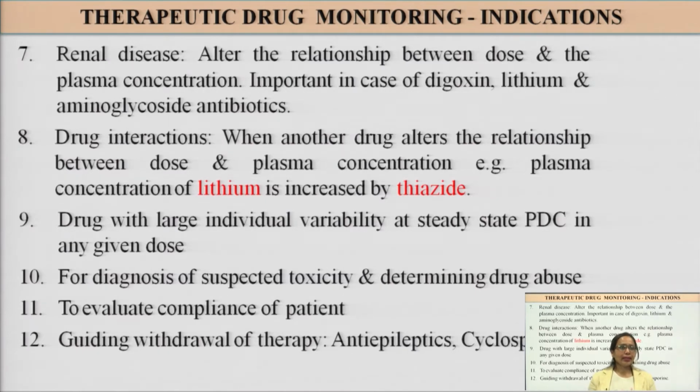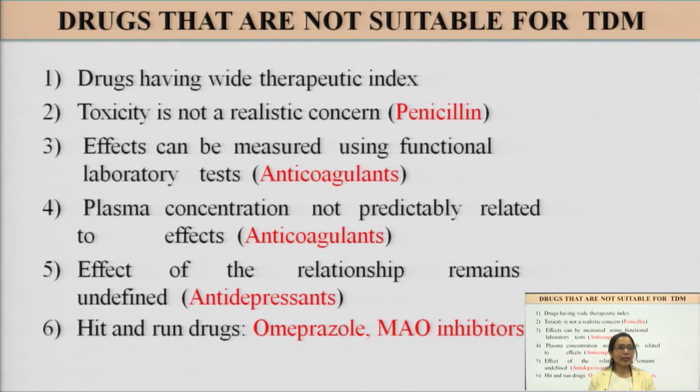Then guiding withdrawal of therapy, like antiepileptics and cyclosporin: if withdrawal of therapy is to be guided, then also therapeutic drug monitoring is required. Now let us know about the drugs which are suitable for TDM. Drugs having a wide therapeutic index are not suitable.